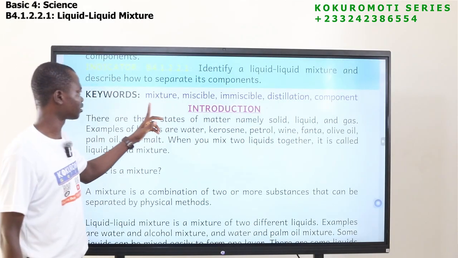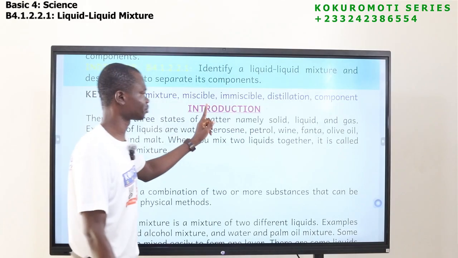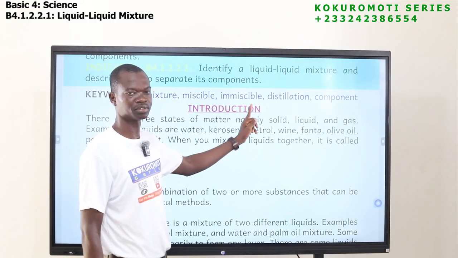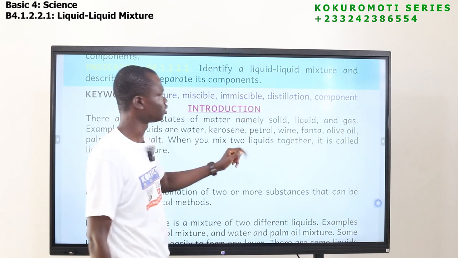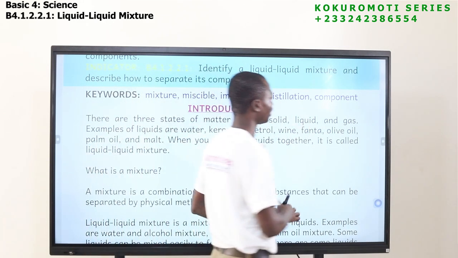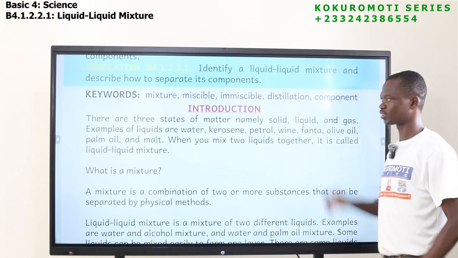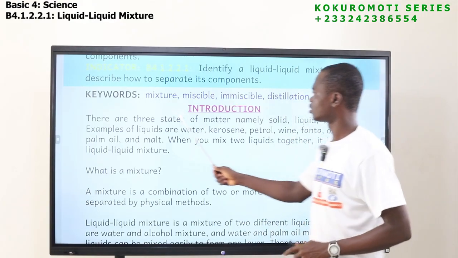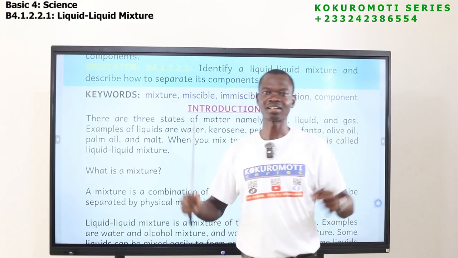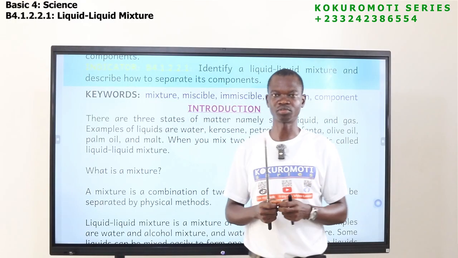The first word is mixture. This is miscible. This is immiscible. We have here distillation. And this one is component. So when you talk of mixture, we are talking about two or more substances that have been put together.